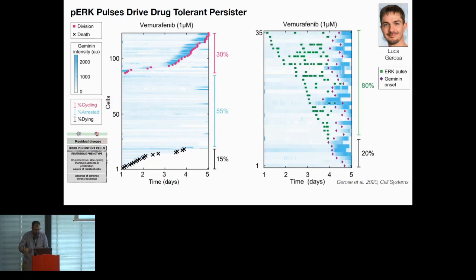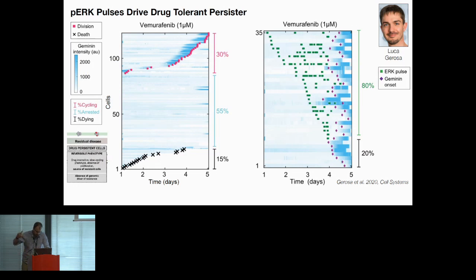What you see is that these cells do re-enter into the cell cycle, which is indicated by these magenta dots, but they do so on a time span of about 3 to 4 days, which is really much longer than cells in drug-naive conditions.